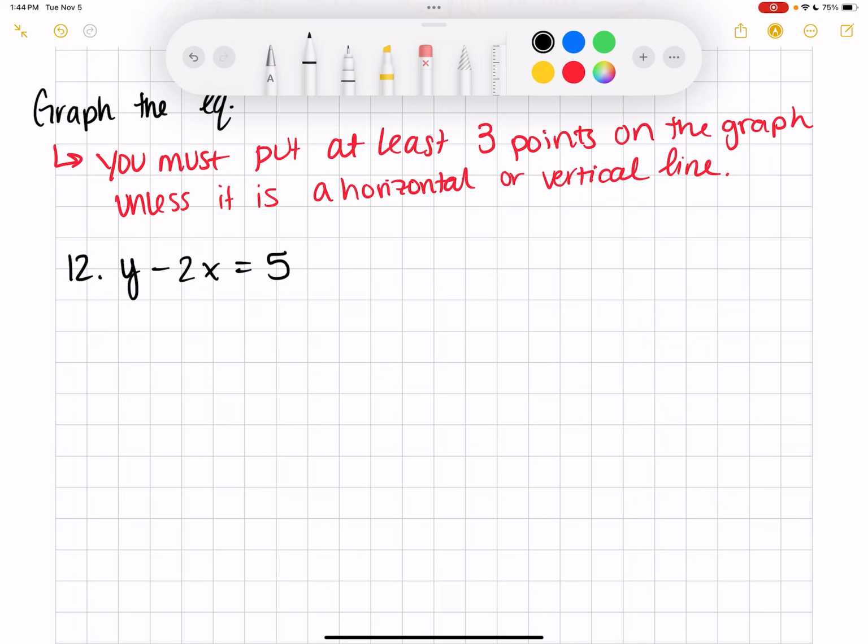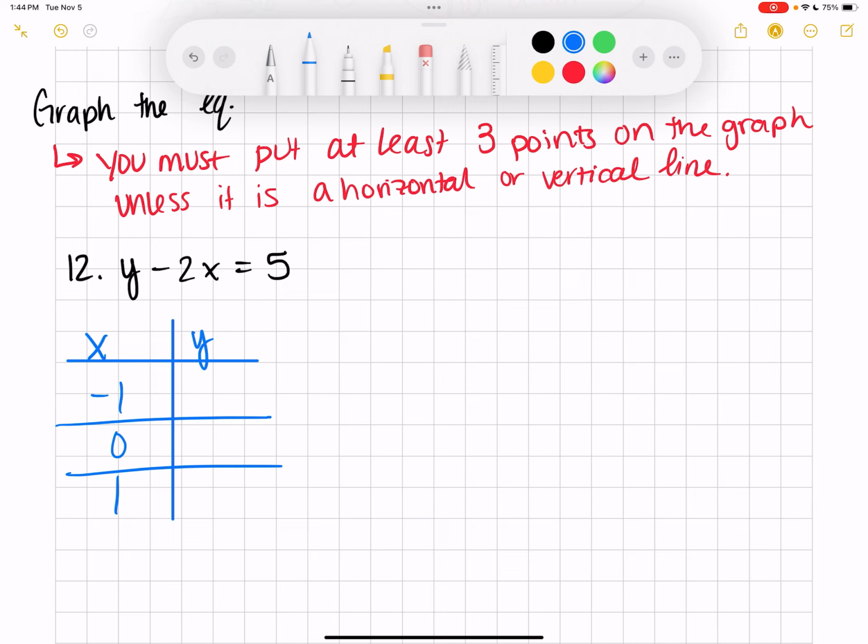On this one, you can pick your values, but I would stay in the -3 to 3 range when you're picking numbers. So I set up a table. I'm going to say that x is going to be -1, 0, and 1, and I need to find y.